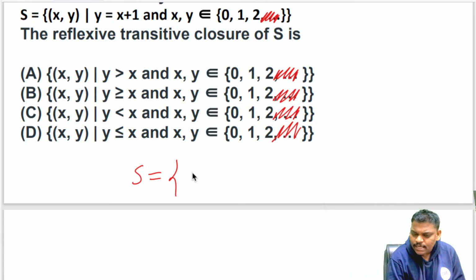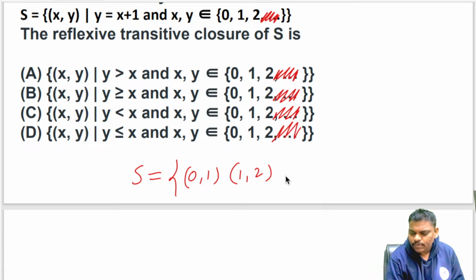Suppose you take x as 0, y is 1. If you take x as 1, y is 2. If you take x as 2, y is 3. But let us assume that only 0, 1, 2 are available, 3 is not available, so you can close it.